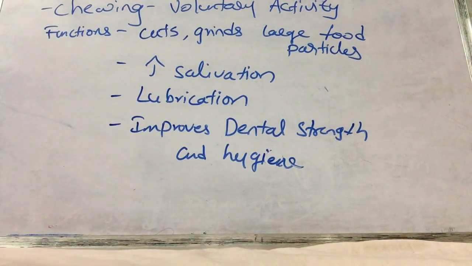So these are the functions of deglutition. One is it cuts and grinds the large food particles, it increases salivation, it also causes lubrication of the oral cavity, and it improves the dental strength and also hygiene.